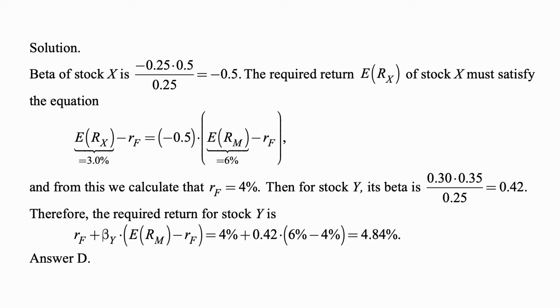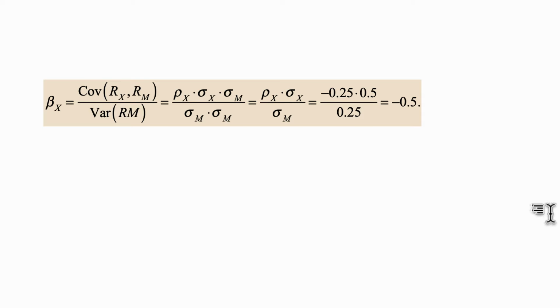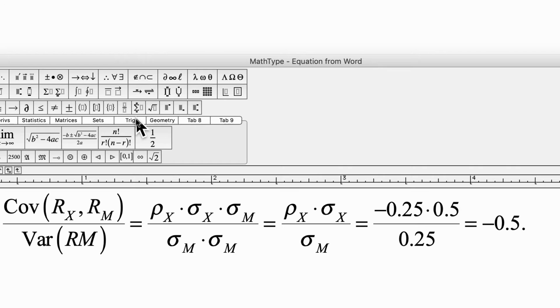We calculate the beta of stock X as negative 0.25 times 0.5 over 0.25, which is negative 0.5. Here's the actual detailed calculation of beta. The general definition of beta, the one that I remember most easily, is the covariance of the rate of return of stock X with the market, divided by the variance of the market.